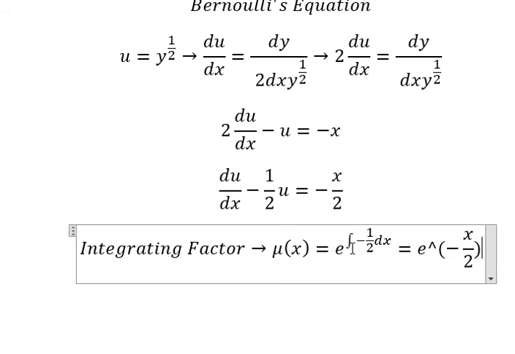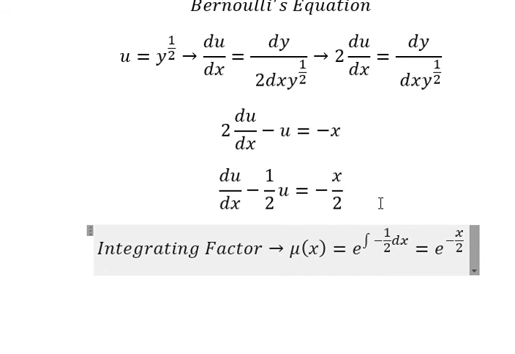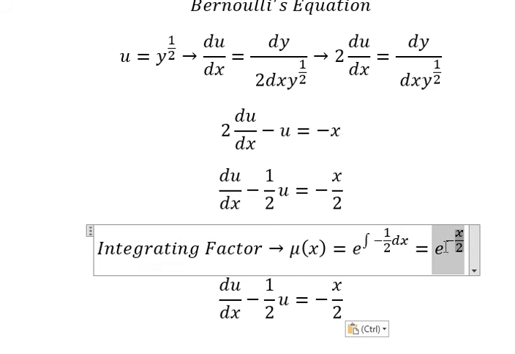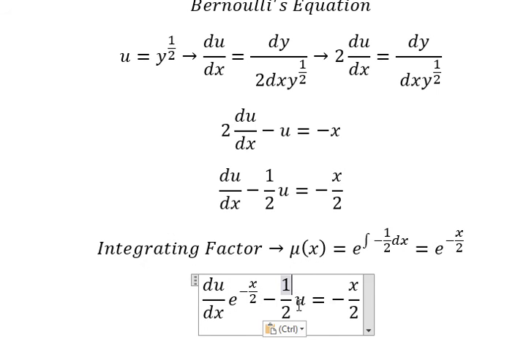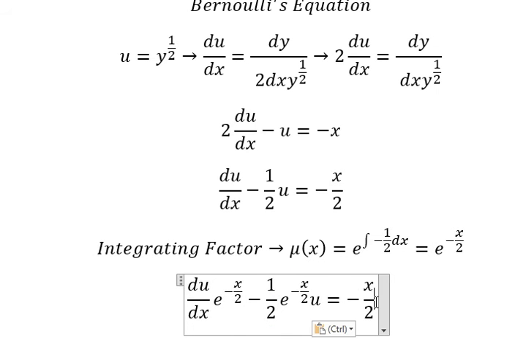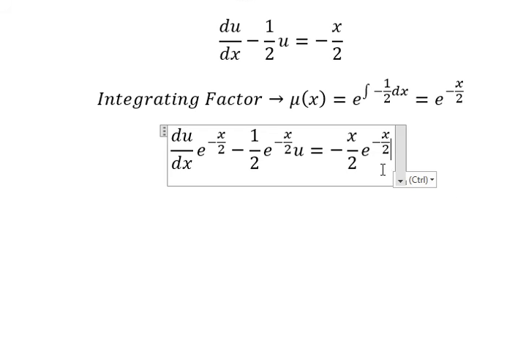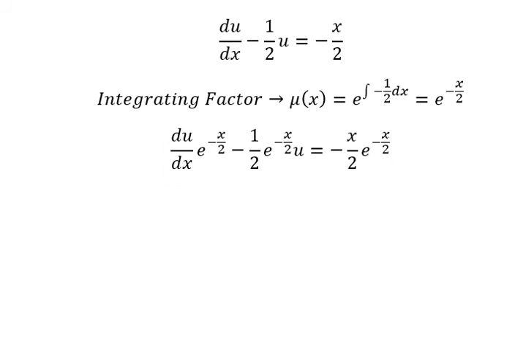The integration of negative 1 over 2 ds, we have negative s over 2. That means we need to multiply both sides by this one. So we put the integration for both sides.